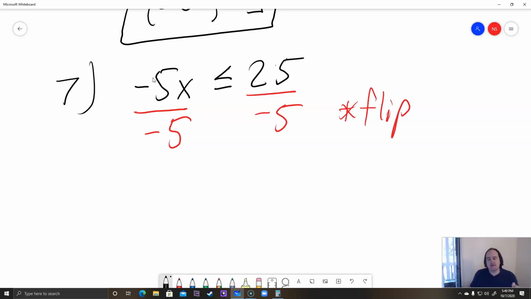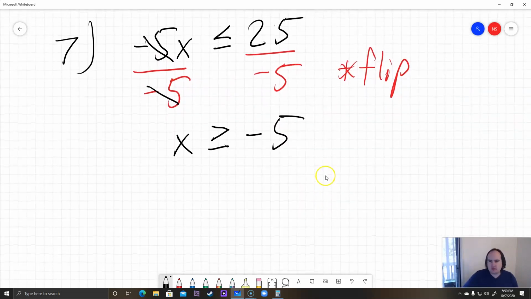So it was pointing to the left, now it's going to be pointing to the right. So it's now going to be greater than or equal. So on the left side, the negative 5s cancel, and we just have x. And then on the right side, 25 divided by negative 5 is negative 5. Okay, so we actually get x is greater than or equal to negative 5.